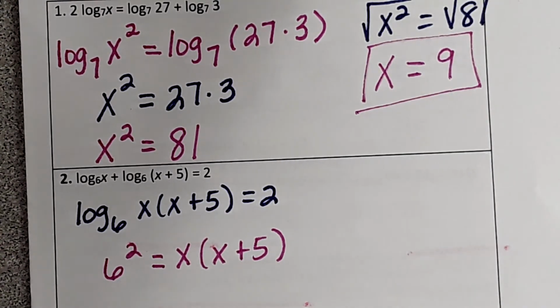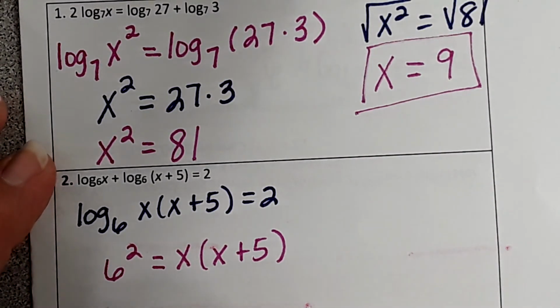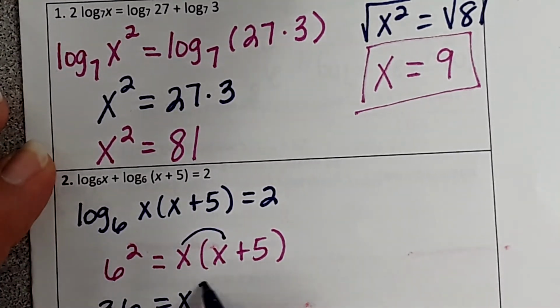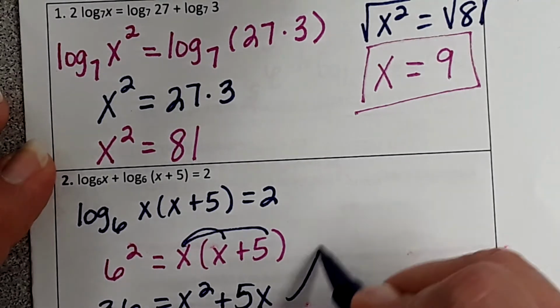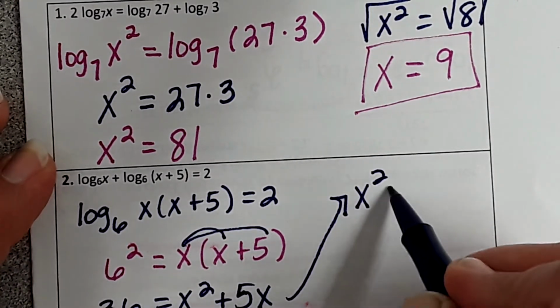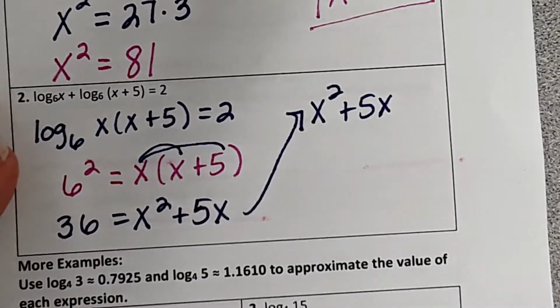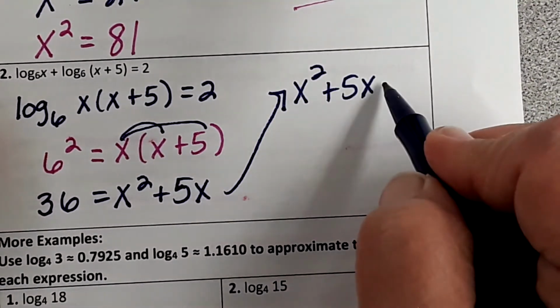What does it equal? Well, what is 6 squared, you guys? 36. What is x times x? What is x times 5? Now remember, you leave x squared. You leave 5x. I'm going to move the 36.